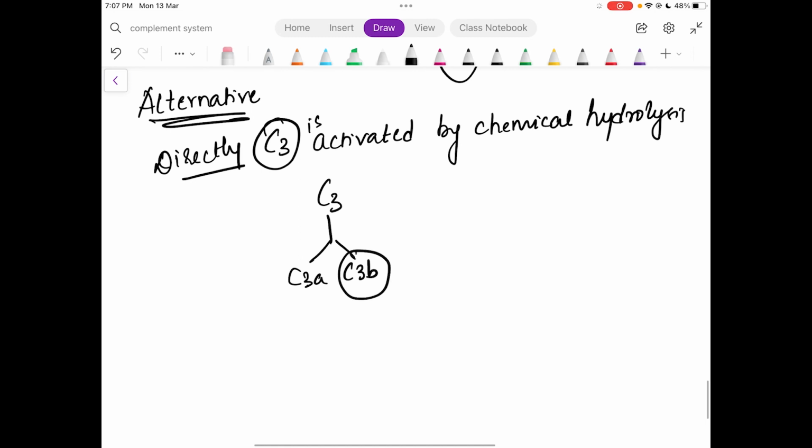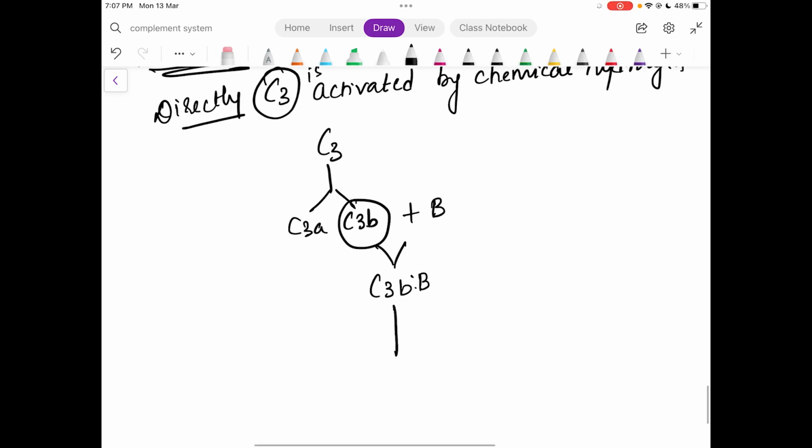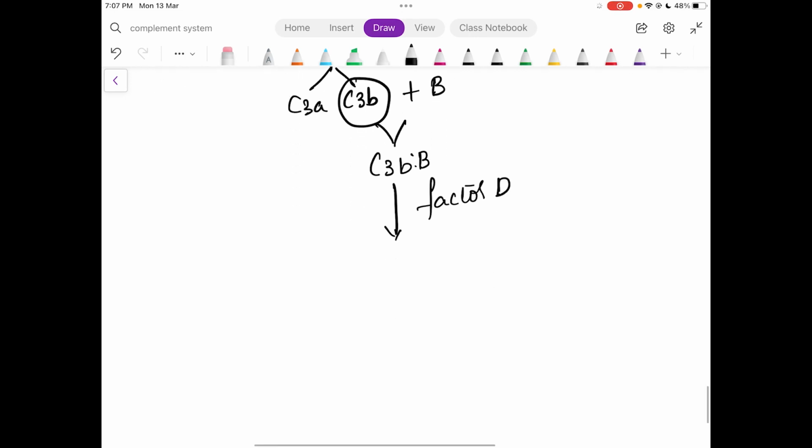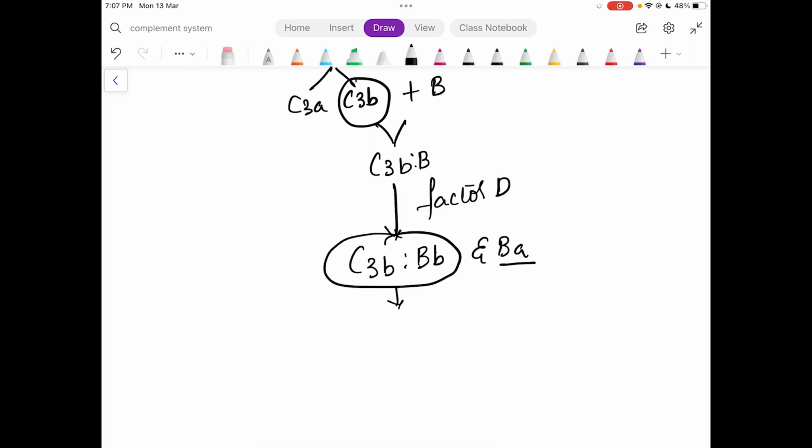This C3B will combine with factor B and they will form a complex called as C3BB. This is acted upon by factor D, which will split it into BB and BA. This C3BB has C5 convertase activity.